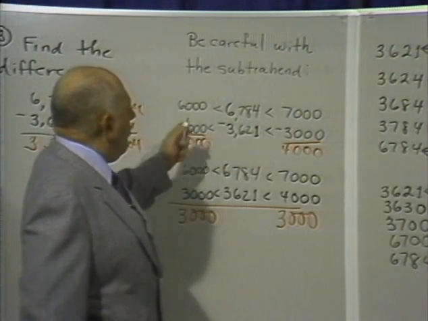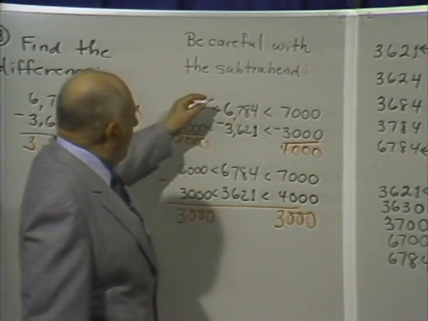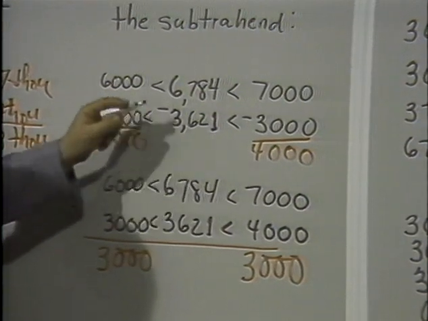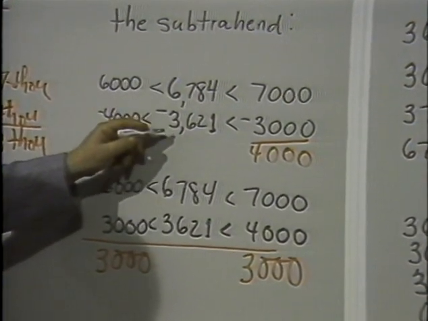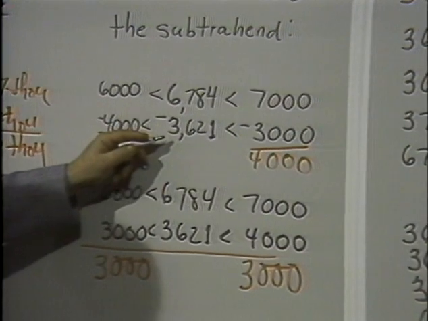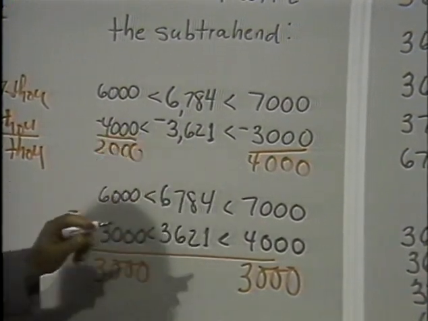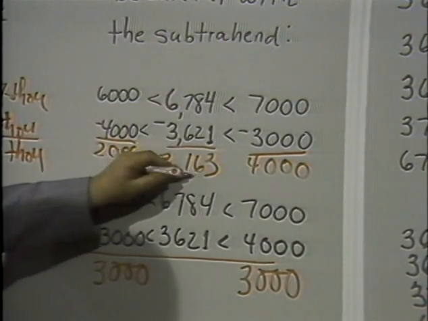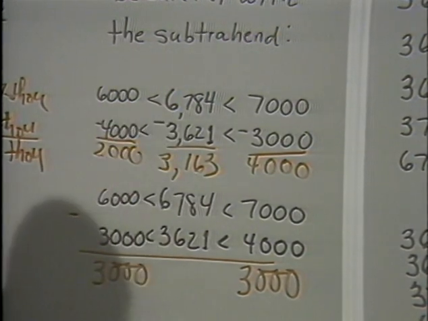Let's take a look over here. Before I do that, let me just show you one more thing. I did want to come back to the change-making method here. If this problem is done correctly when I subtract, and I got the answer 3,163, if I add this onto this, I should get this for the answer.